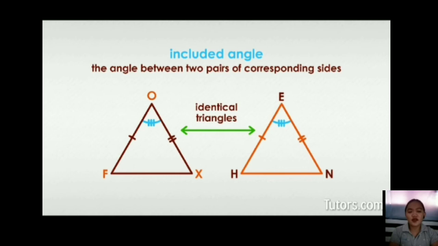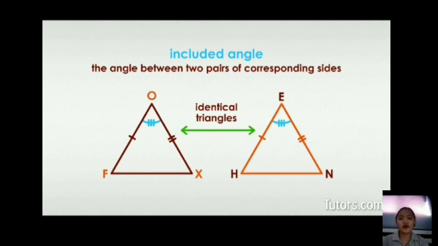Triangle FOX is compared to triangle HEN. Notice that angle O on triangle FOX corresponds to angle E on triangle HEN. Both angle O and angle E are included angles between sides FO and OX on triangle FOX and sides HE and EN on triangle HEN.